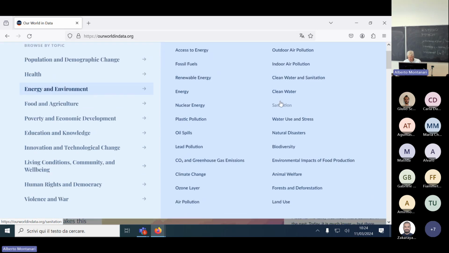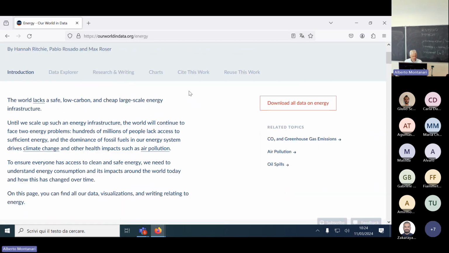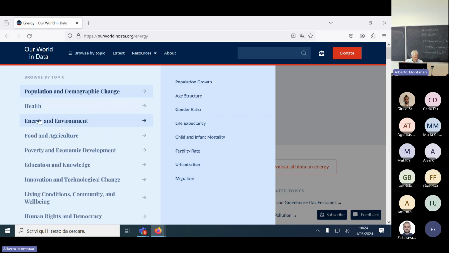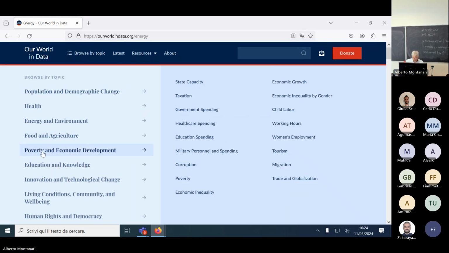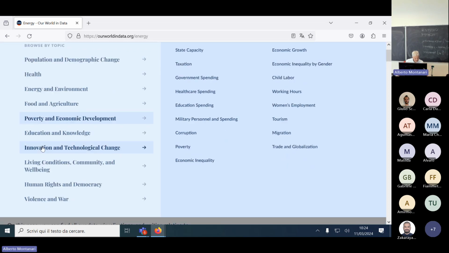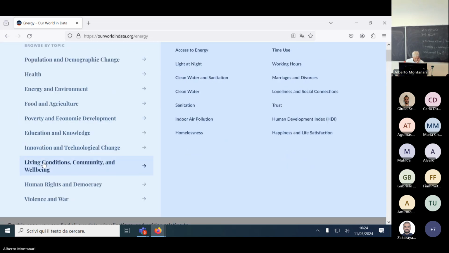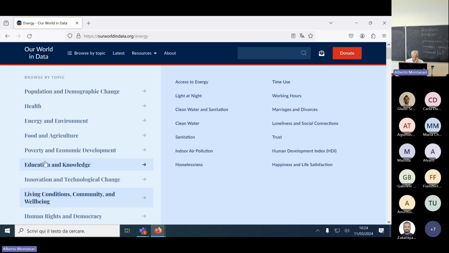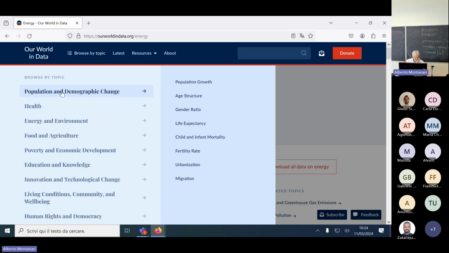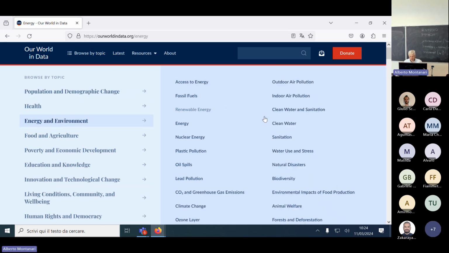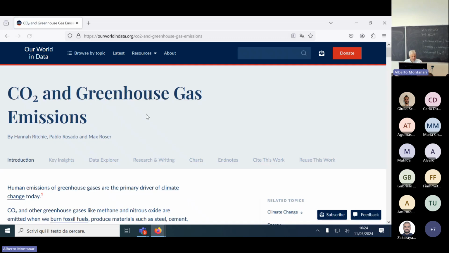Outdoor, indoor, clean water. Okay, let me see. Energy. No, sorry. It's not here. Adaptation, innovation. There must be a section on. Okay, let me see. Climate change. Okay, CO2 and greenhouse gas emissions. Sorry, I didn't see it.